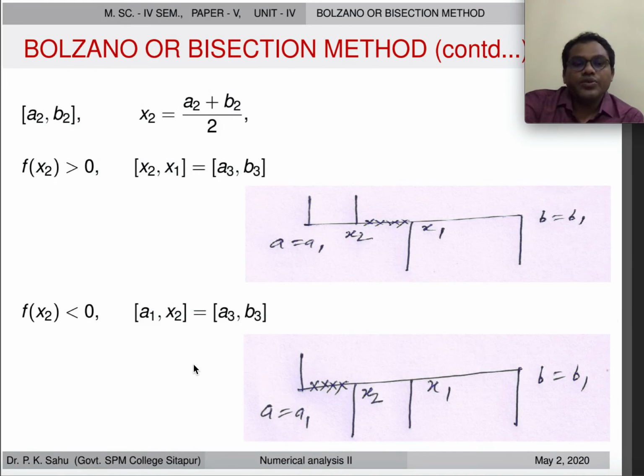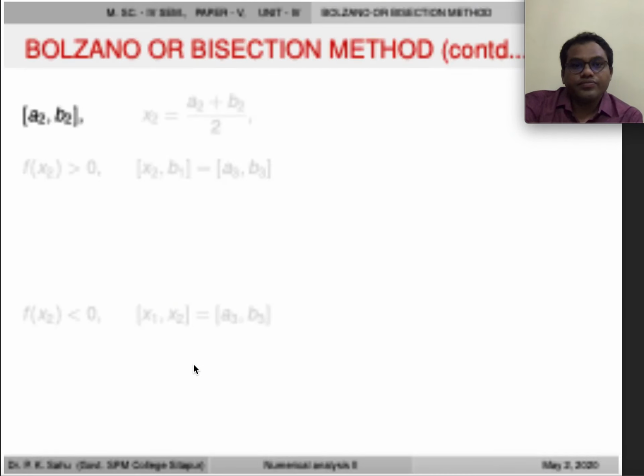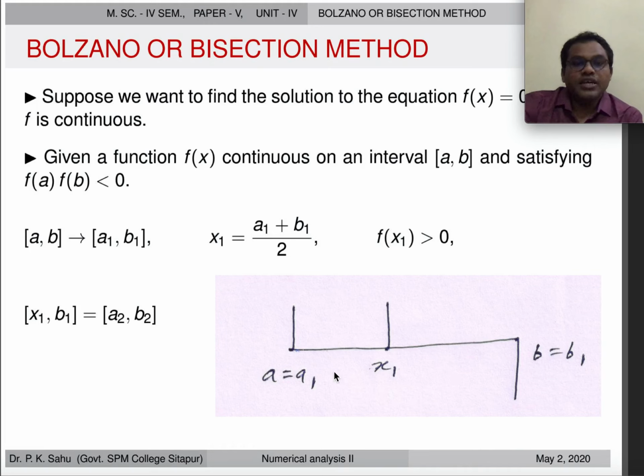What we are doing is, in every step we determine an interval which encloses a root of the equation, and in every step we obtain an interval in such a way that its length is half of the length in the previous step. How? Let's see. In the beginning, suppose f(x1) is greater than 0, then our root lies between x1 and b1.